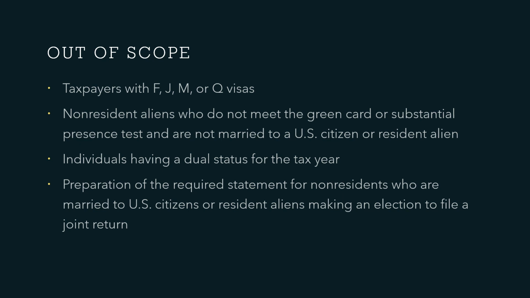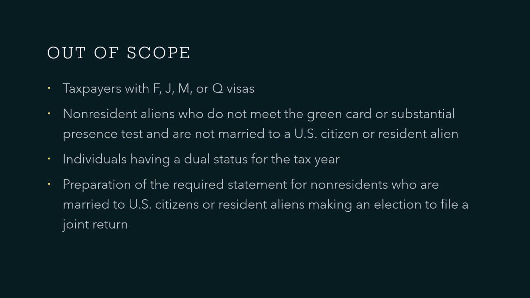There are a lot of areas of this topic that are out of scope for our program. Taxpayers with F, J, M, or Q visas, and those are usually your temporary workers or your foreign students, are out of scope for our program.